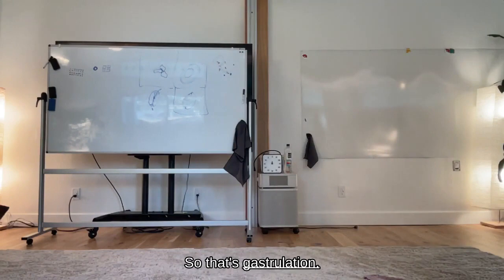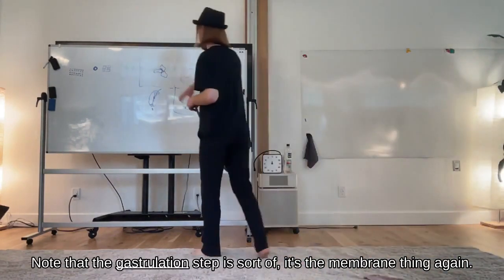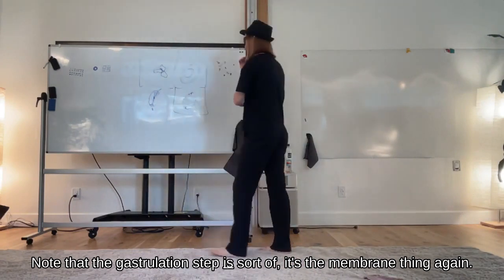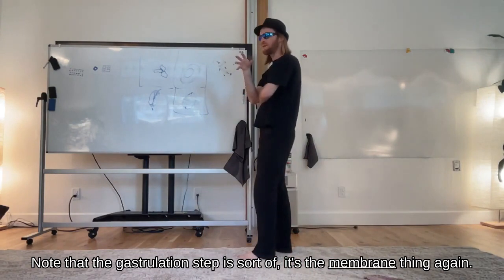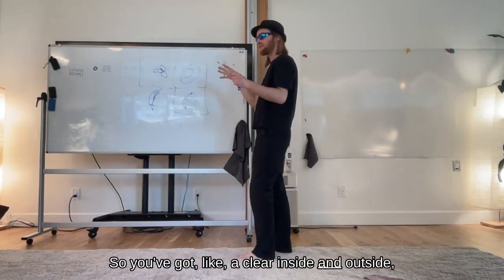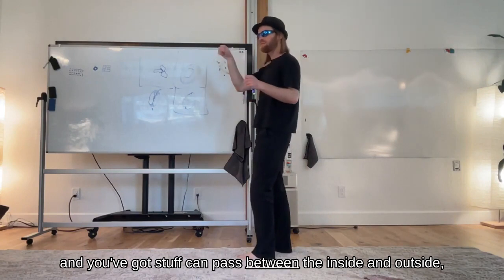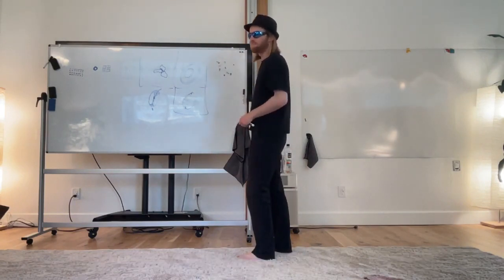So that's gastrulation. Note that the gastrulation step is the membrane thing again. It's forming a boundary. You've got a clear inside and outside, and stuff can pass between them, but now it's at a much larger scale.